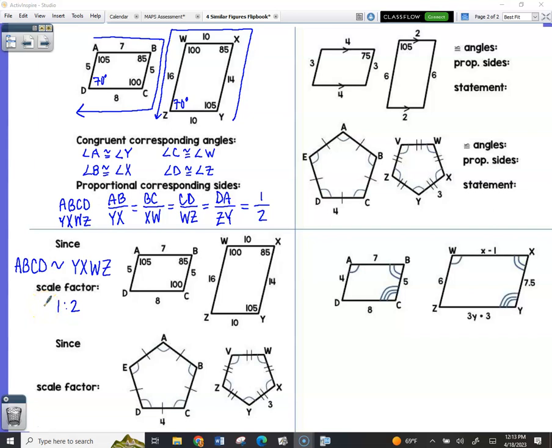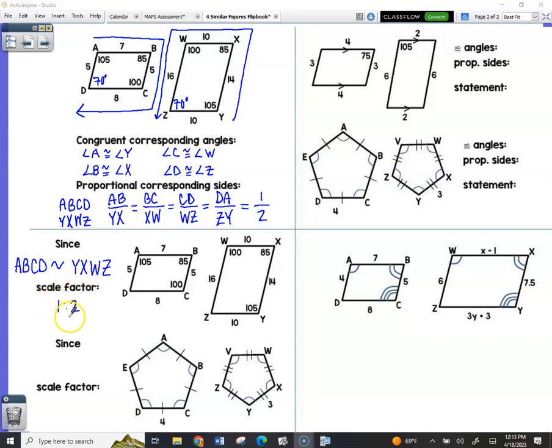Anyways, so before lunch, we were saying that these two shapes are similar, and we know that because we confirmed that the corresponding angles all pair up, and then we just checked all of the sides to see if they have the same scale factor. So now we're saying, okay, yep, they're similar. What's the scale factor?